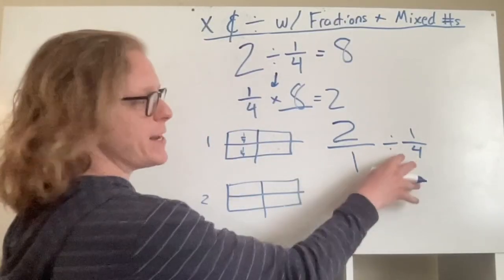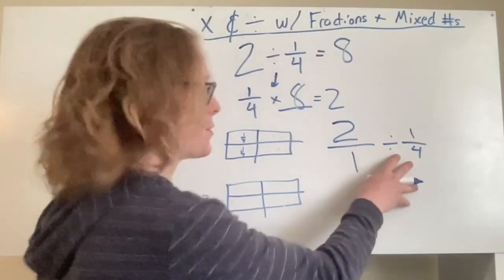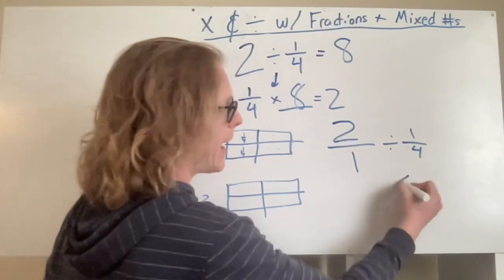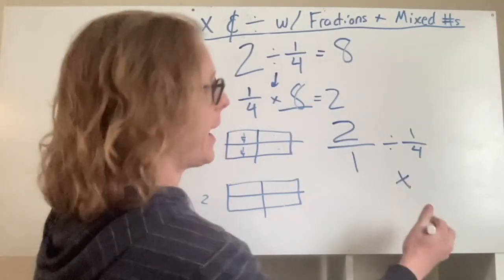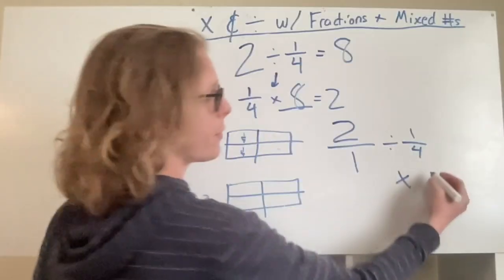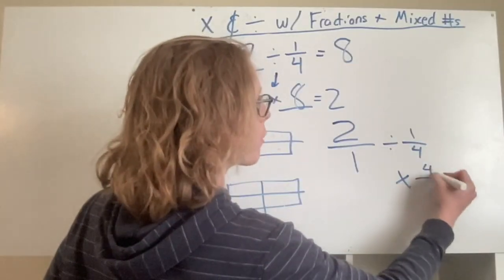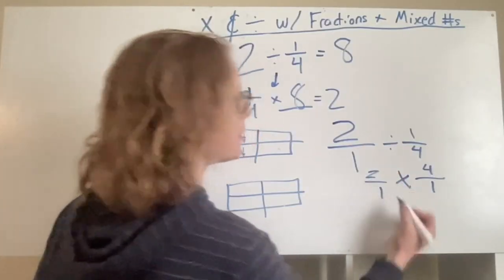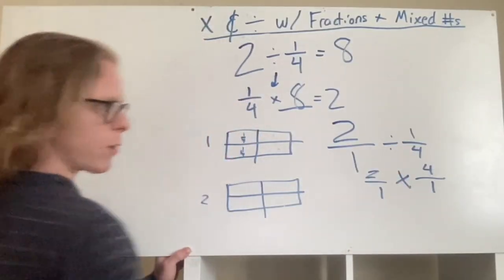Now, you could sort of think of it like we never divide with fractions. When we see division with fractions, what we're going to do is rewrite it as multiplication, okay? And instead of multiplying by 1/4, we're going to multiply by 4/1. So this becomes 2/1 times 4/1. What happened here?